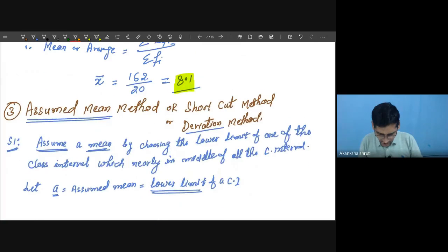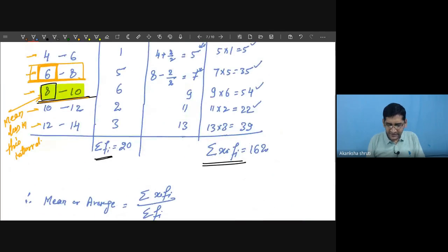So A as the assumed mean would be the lower limit of the class interval in the middle, in the center. Example, in the above case, by calculation we have observed that the mean is 8.1.